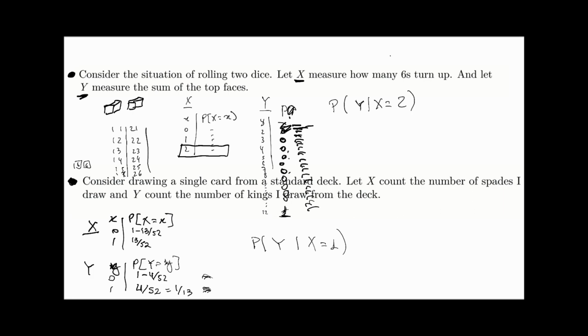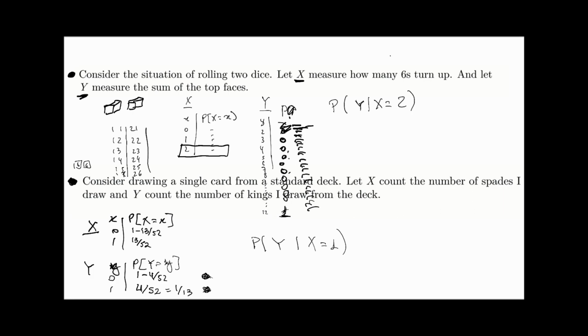Now here, on the second example, the probability of having a spade will leave this PDF intact. So the chance of having a king was 4 over 52.